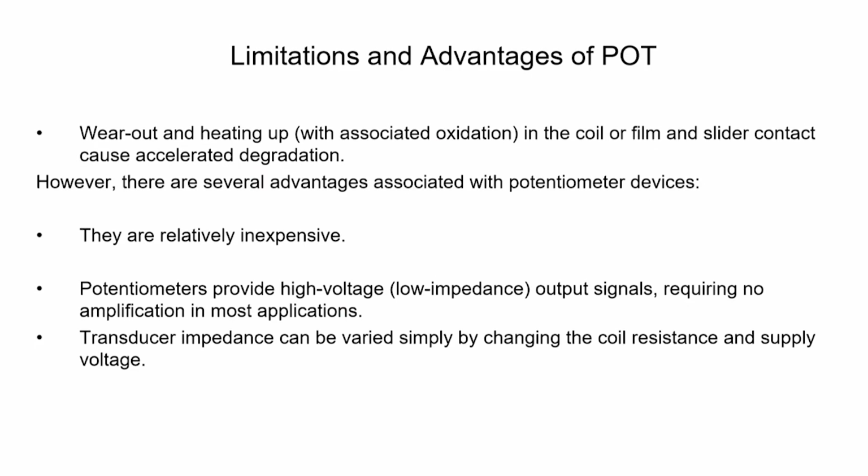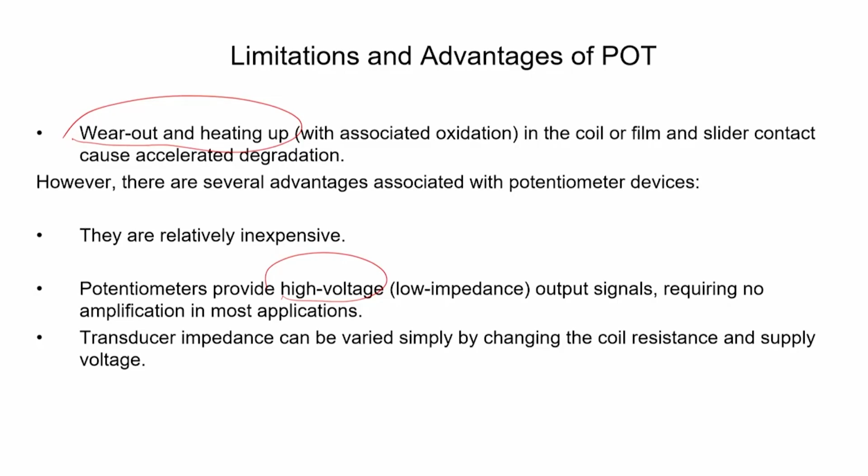The limitations of potentiometers are mostly in terms of wear out and heating up of the system. They are not very expensive, which is the good side, and potentiometers provide high voltage output signals and require no additional amplification. So, you do not need a third source in order to amplify the signal.